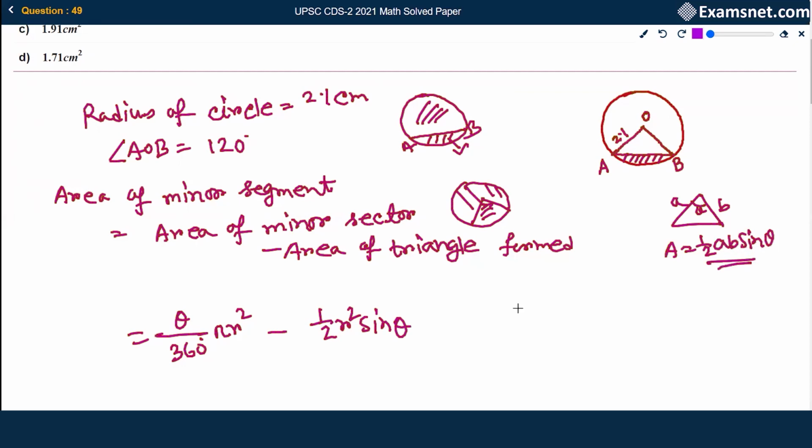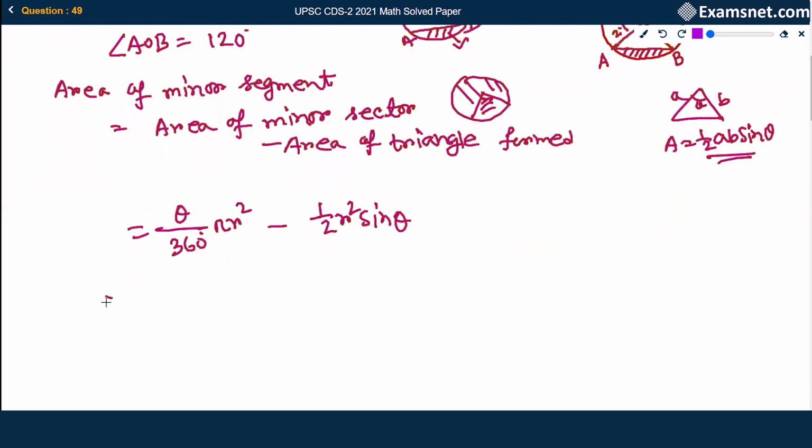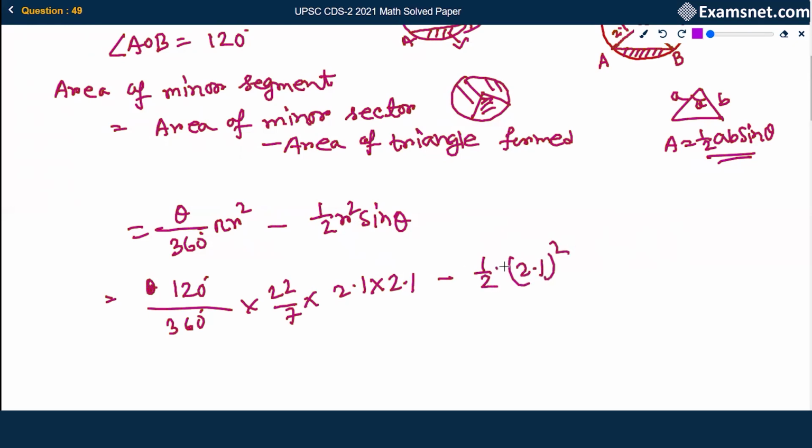Here A and B both refer to the radius of the circle. So half r square sine theta. Now we will put all the values here. In the place of theta, we write 120 degree, 360 degree, 22 by 7, 2.1 multiplied by 2.1, minus half, 2.1 whole square, sine 120 degree.